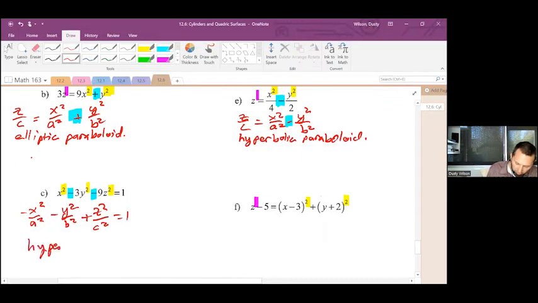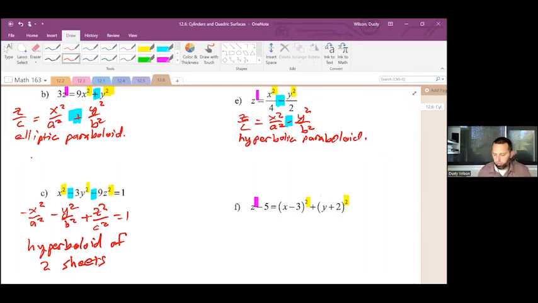Our hyperboloid, two sheets. We could figure out what f is by process of elimination, but again, trying to stay away from that. We notice that there's two squares, one lower power, and you can think about this z minus 5 as being a shift vertically by 5.